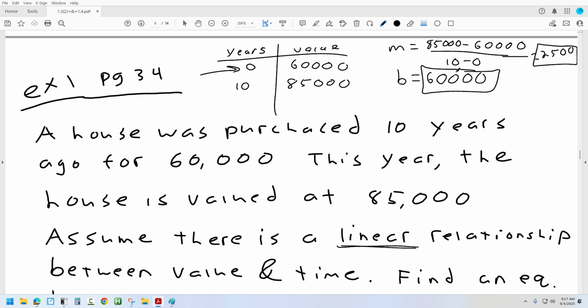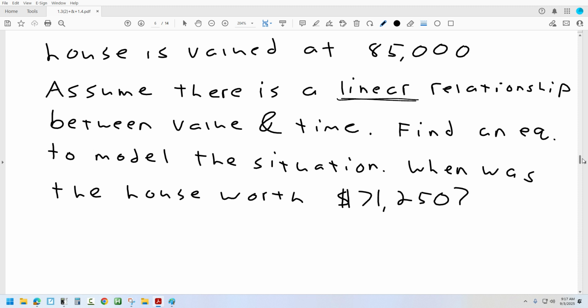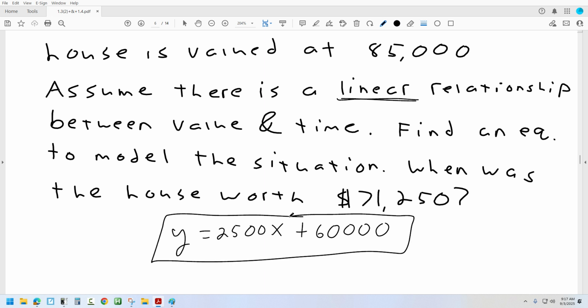Fill in those two numbers into y equals mx plus b, and that's the equation that we need. Okay, so slope is 2,500 times x plus 60,000. So we know the 60,000 in this problem represents the initial value of the house.